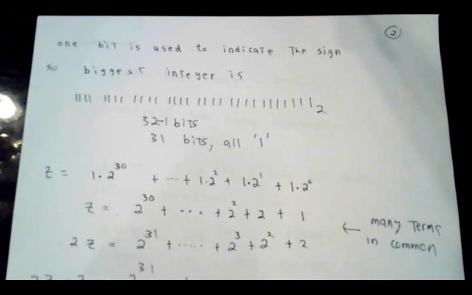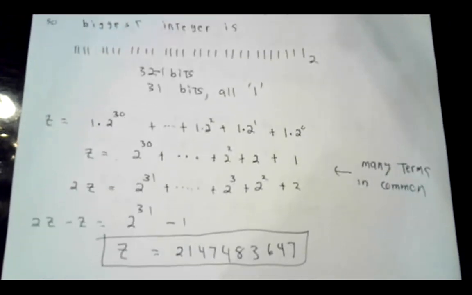But 2Z minus Z is just Z. I figured out on my calculator what 2 raised to the 31 power minus 1 is, and it works out in decimal to be 2147483647. If this reasoning is correct, this is the biggest integer that I can have in terms of a 32-bit integer, that is.